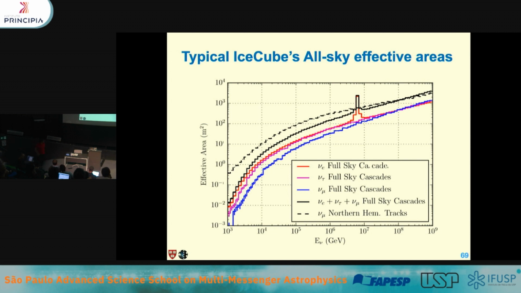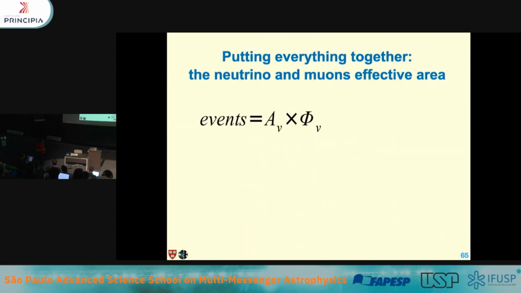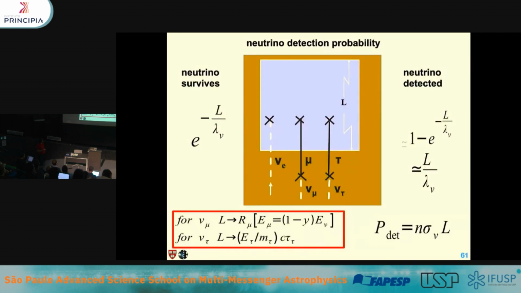So what's the difference between a track and a cascade? The important part here is that the tracks, going to go back now to my diagram here, the tracks can be produced by things that reach out of my detector, okay? Whereas the cascades can only be produced by things that start in my detector.